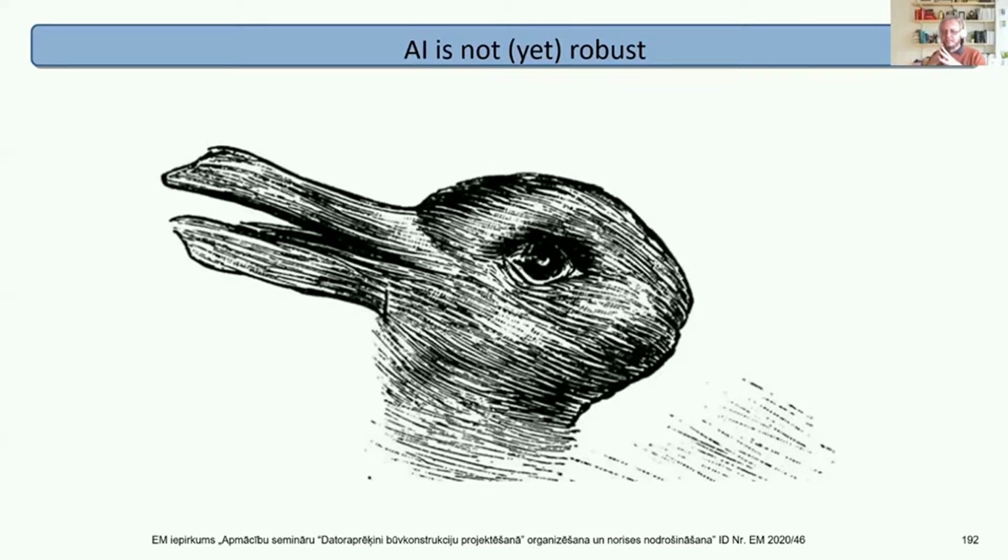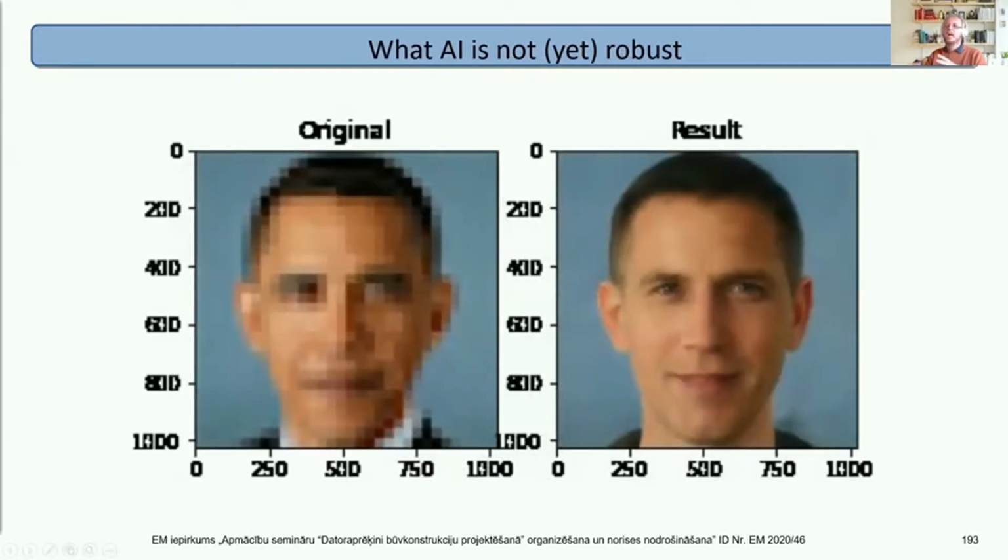Now, AI is vulnerable to bias. The data that you put in gives you the results out. If you put in bad data, you get bad results. For example, image recognition.